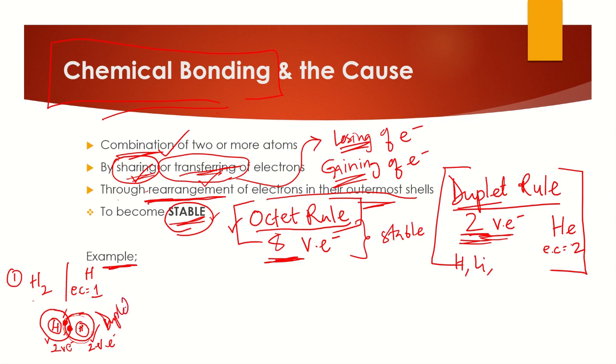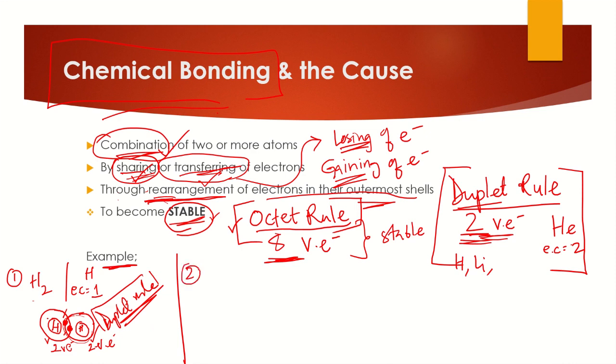This is what we call the duplet rule. Once again, the 2 hydrogen atoms have combined together by sharing electrons, through rearrangement of their valence electrons, to become stable.